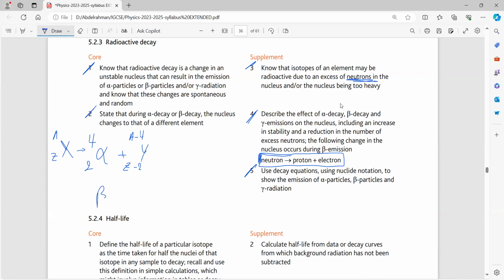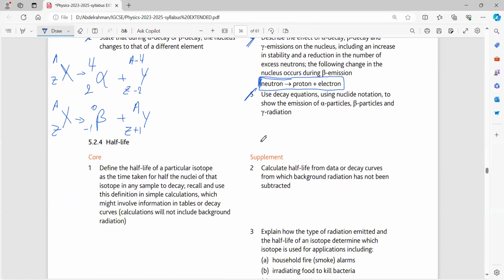If it produces a beta, 0 and -1, again X, A, and Z, it produces a Y. I'm sorry, I wrote 0 and -1 wrong. Definitely 0 and -1. So the Y will have the same mass number, but the proton number will increase by 1, Z plus 1. The atomic number will definitely increase by 1.